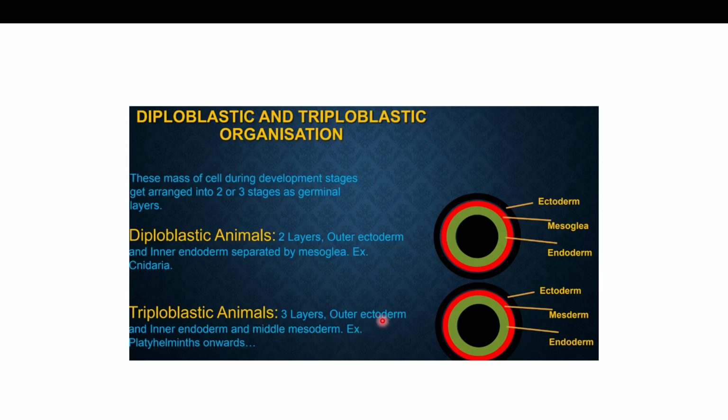In triploblastic animals, the outer ectoderm is there, a nicely differentiated mesoderm in the middle, and the endoderm, the inner layer, is nicely differentiated. Triploblastic organisms are from Platyhelminthes onwards, like tapeworms onwards, while jellyfish and sponges are diploblastic organisms.